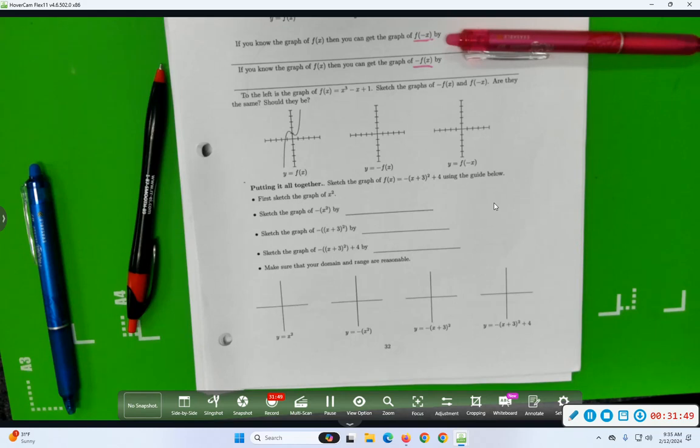Why? Cool. Your answer is absolutely right. Yeah, you will reflect over the y-axis.